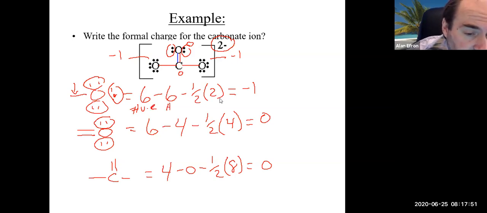This is the number of non-bonding electrons, which again are these dots: 1, 2, 3, 4, 5, and 6, right? Those are the dots around it. And then this is the number of bonding electrons. Each of these lines represents 2 electrons, so that would be the 2 electrons that we find there. Other questions on that?